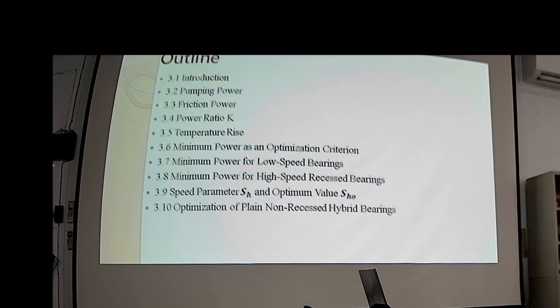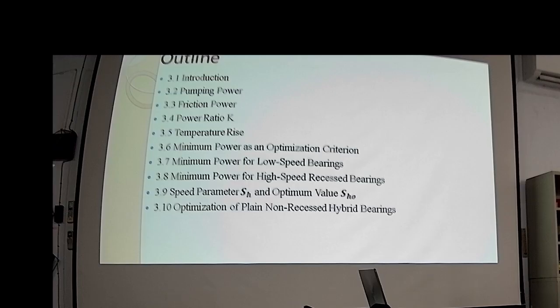So this is the outline of this chapter. So first we will introduce you the pumping power, then the friction power, then the ratio of friction power to the pumping power, K. And we want to estimate the temperature rise for the oil lubricant.